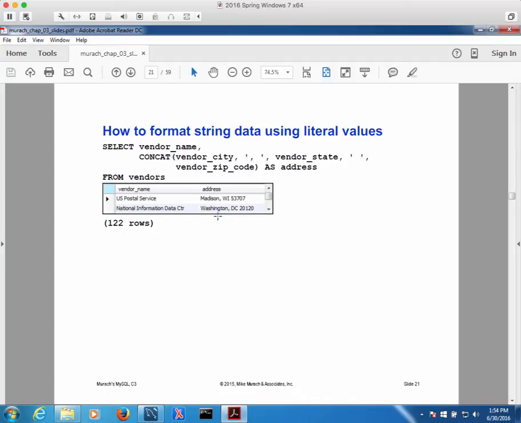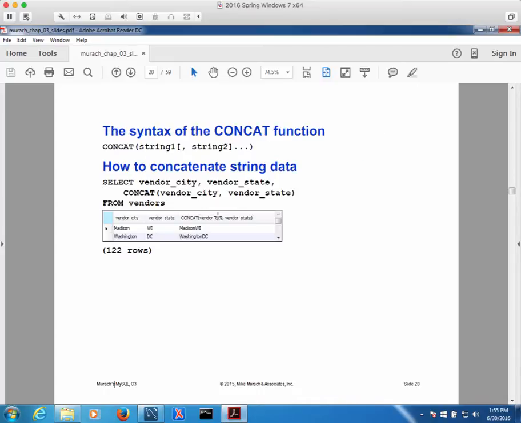How to format string data using literal values. Okay, so here you can see that we've used Concat, and it turns out that Concat is a really nice function because it can take a variable number of parameters or arguments. In the previous example on slide number 21, we just had two, vendor city and vendor state.